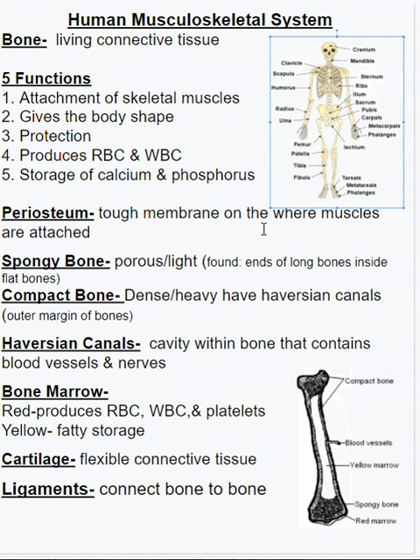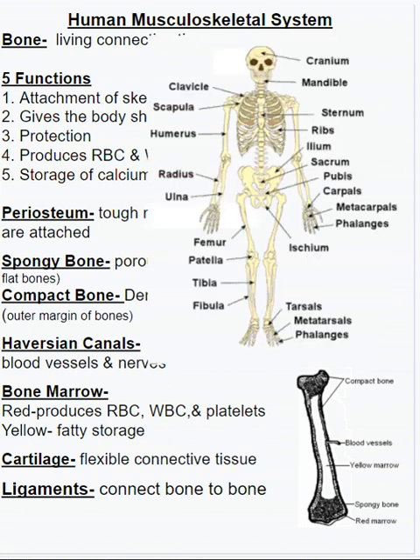Before I get there, let me make sure you have the axial and appendicular skeleton. Real simply, the axial skeleton is along the central axis of the body. Anything that is directly connected to the spinal cord, the vertebral column, or the skull is part of the axial skeleton.